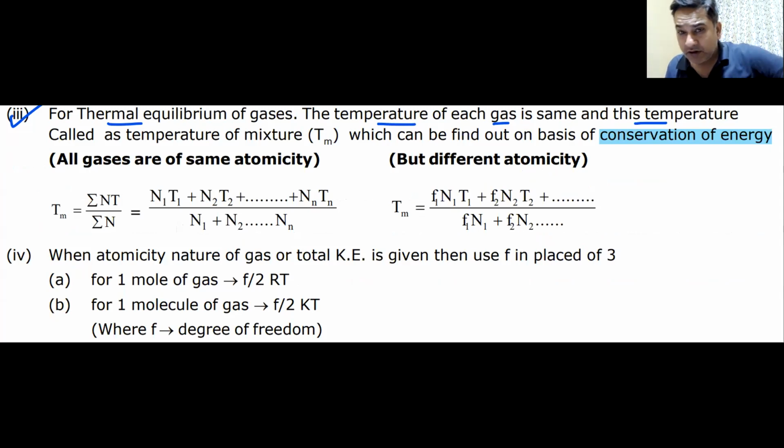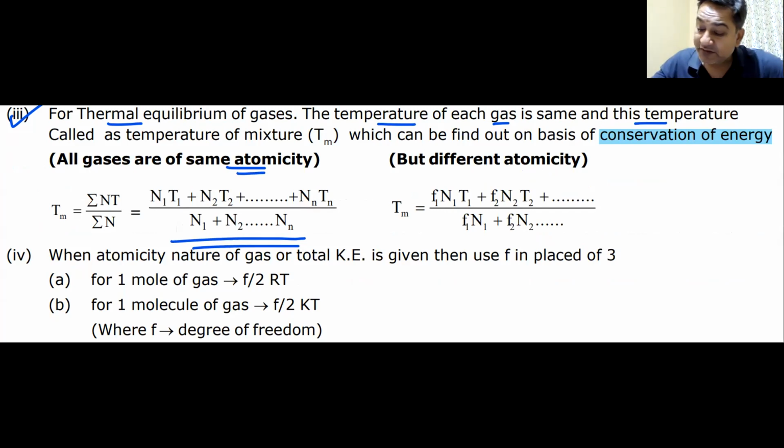Now, if you have to find the common temperature of the mixture, this is the formula. If they have the same atomicity, if they are monatomic, the formula is this: N1 stands for the number of moles of the first gas, T1 for the temperature of the first, so (N1 T1 + N2 T2) divided by (N1 + N2).